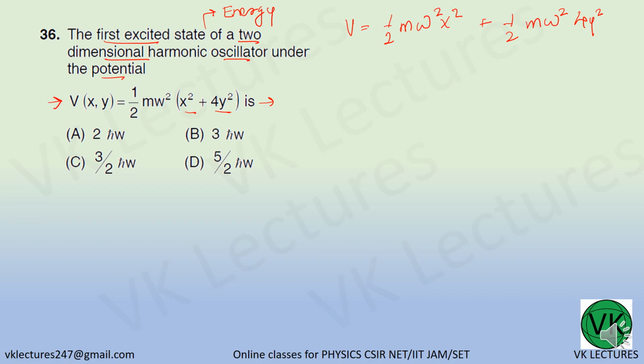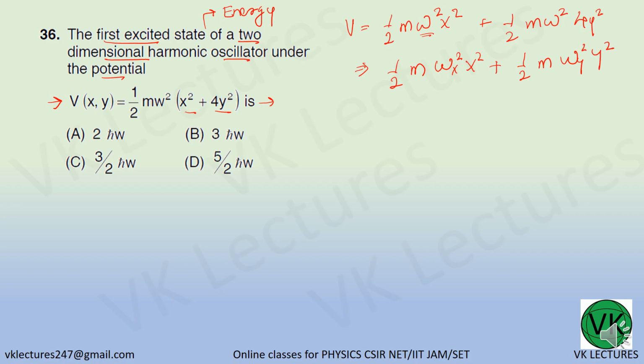So this is omega square x square and this is omega square 4y square. Now what we are writing is half m omega x square into x square plus half m omega y square into y squared.